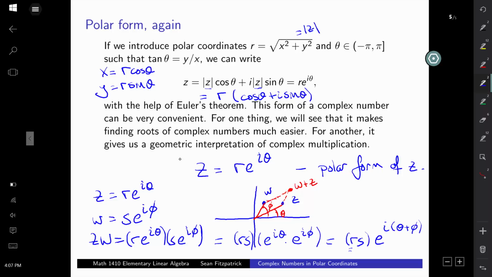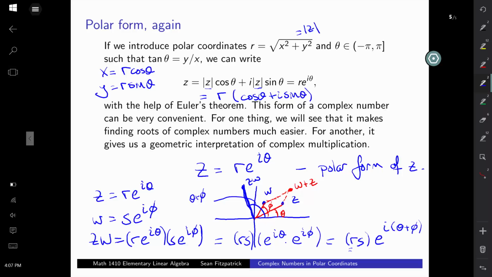I take my angle of theta and add it on, and I'm probably going to end up somewhere maybe over here, right? So z times w is over here, with my angle being theta plus phi, and this distance from the origin is given by the product r times s. So there's a stretch factor that comes into play there.